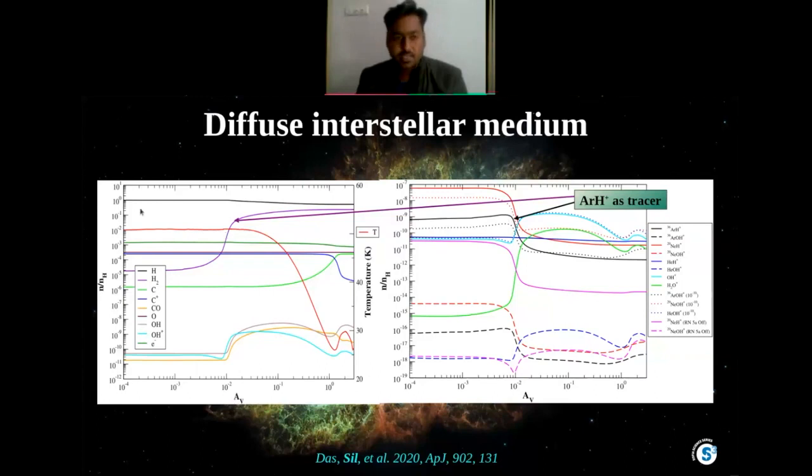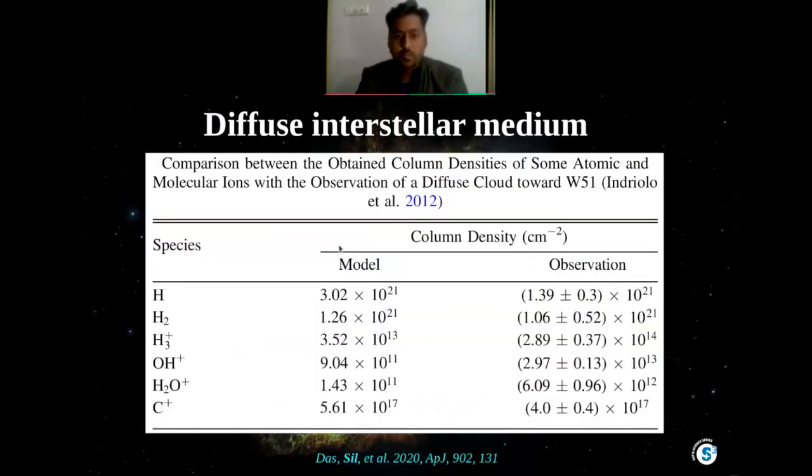You can see here that the diffuse interstellar medium is roughly atomic, where the atomic H abundance is very high, and the H2 abundance increases with increasing visual extinction. You can see the H2 profile is anti-correlated with ArH+. So ArH+ is used as a tracer in purely atomic cloud regions.